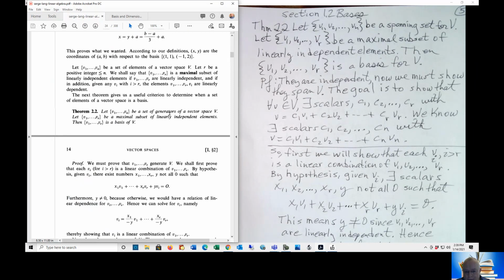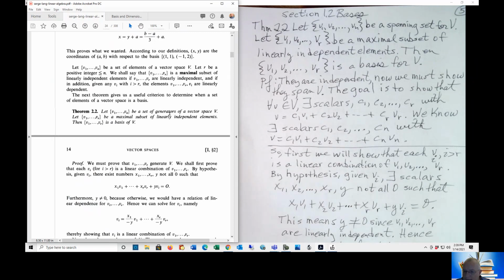All right, so we got a spanning set, and we have a maximal subset of independent vectors within the spanning set. So they're given to be independent. Now we want to show they span V. That's our goal.